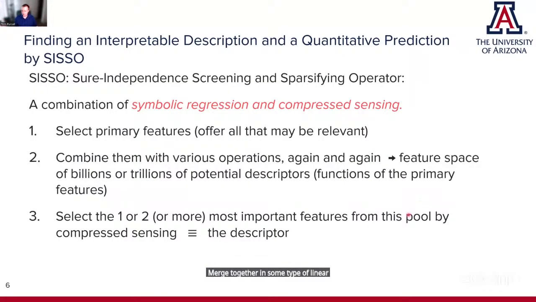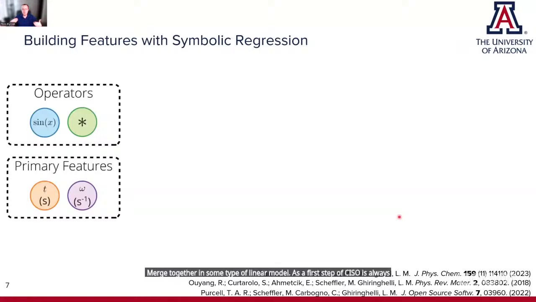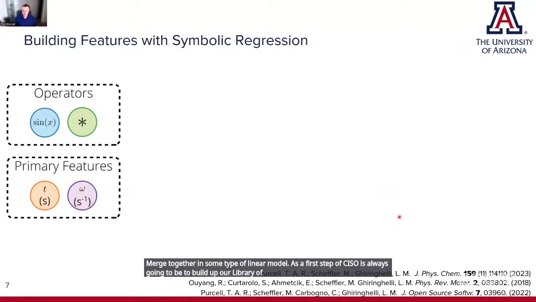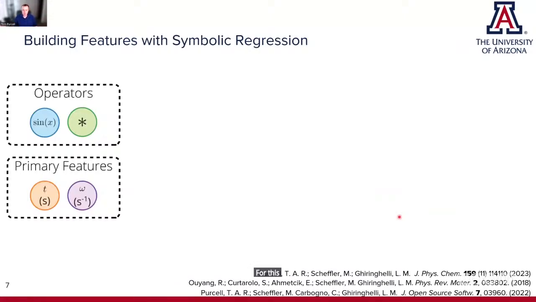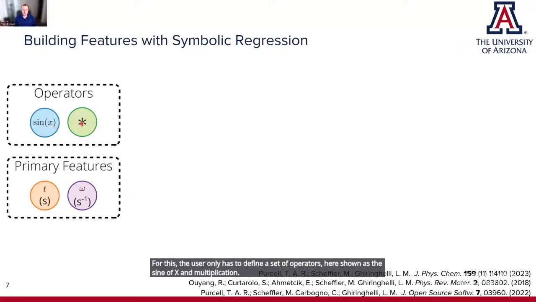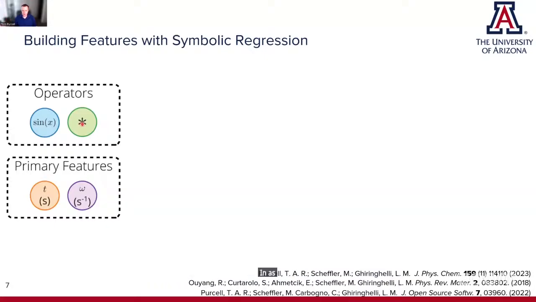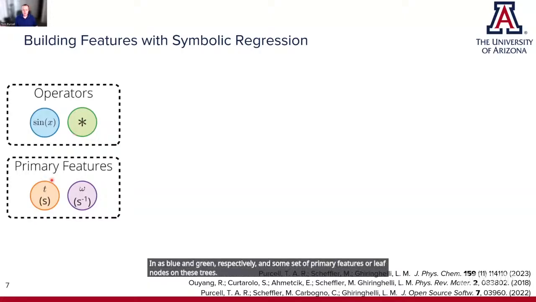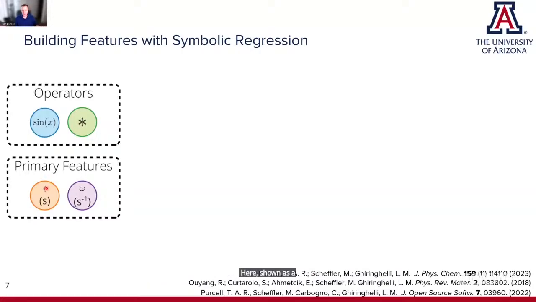And the first step of SISSO is always going to be to build up our library of candidate descriptors. For this, a user only has to define a set of operators, here shown as the sine of x and multiplication as blue and green respectively, and some set of primary features or leaf nodes on these trees, here shown as a time feature in orange and a frequency feature in purple.